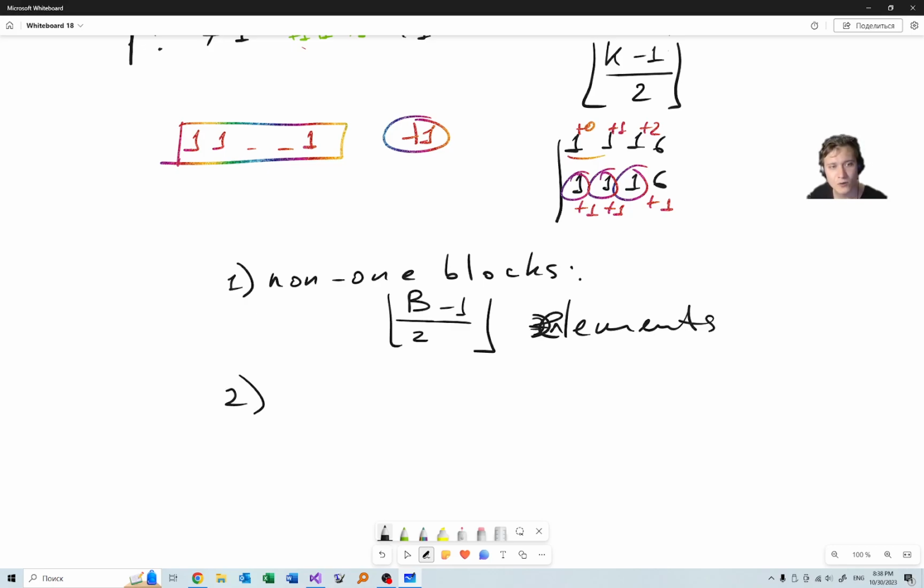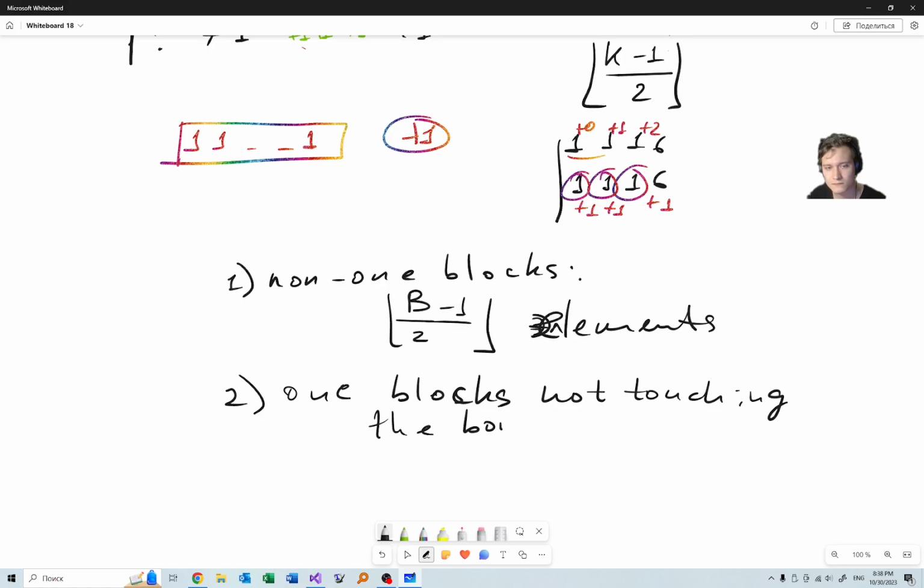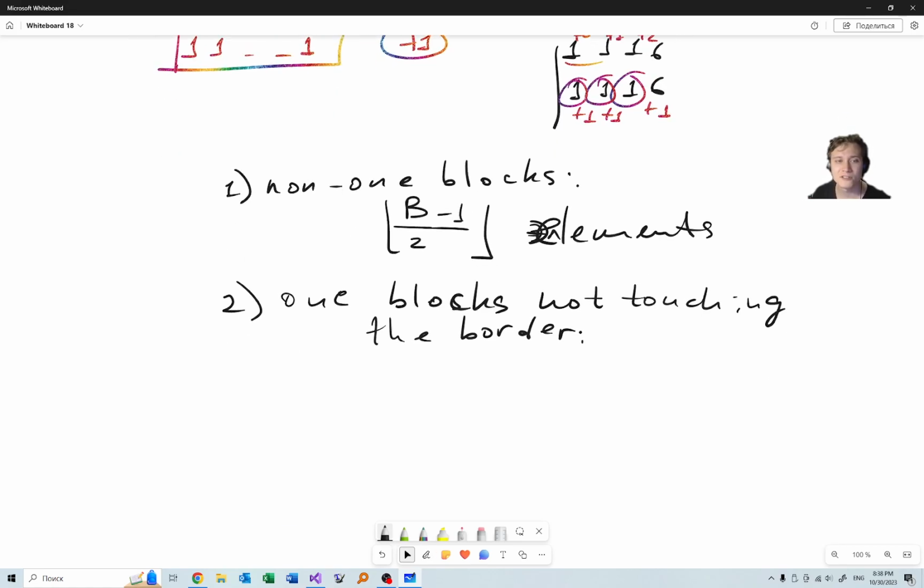Then you take blocks of ones not touching the border. So we sort in increasing order and destroy one by one.